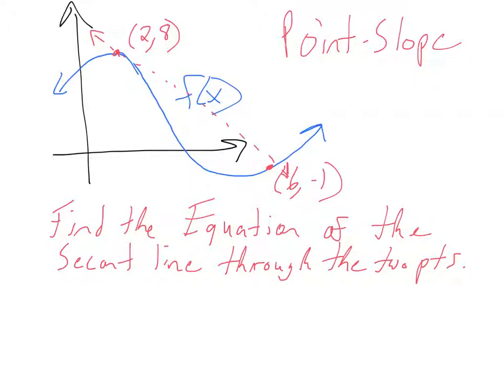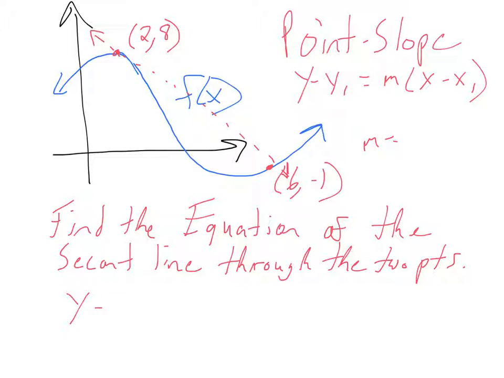Okay, so if we want to use point slope form to write the equation of this line, we'll go ahead and write it like so. We know point slope is y minus y1 is equal to m times x minus x1, right? And so let's go ahead and plug that in. First we have to find our slope, sorry.